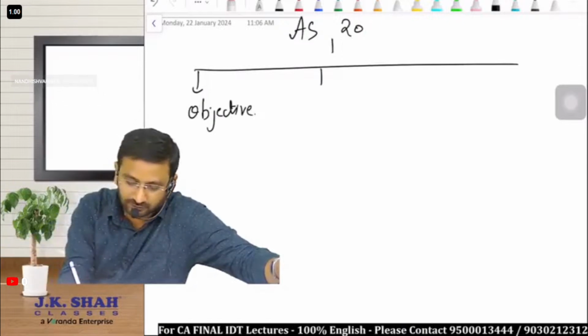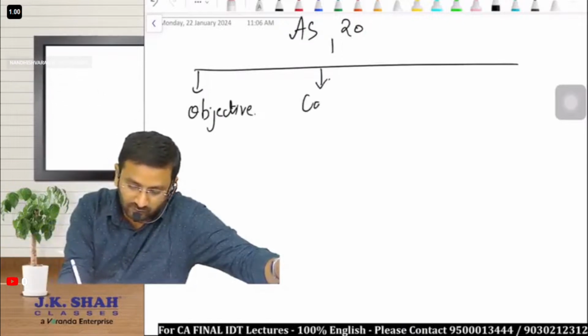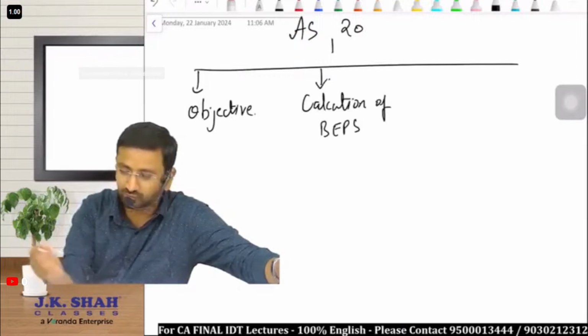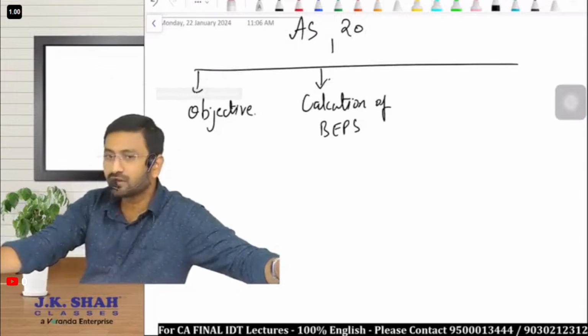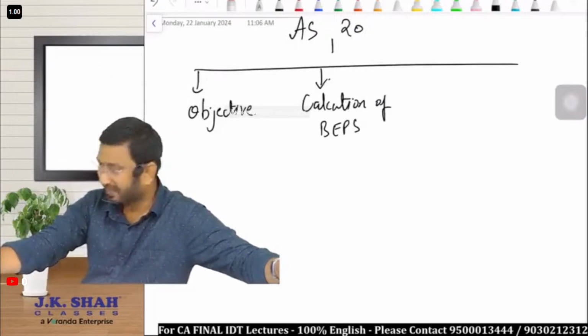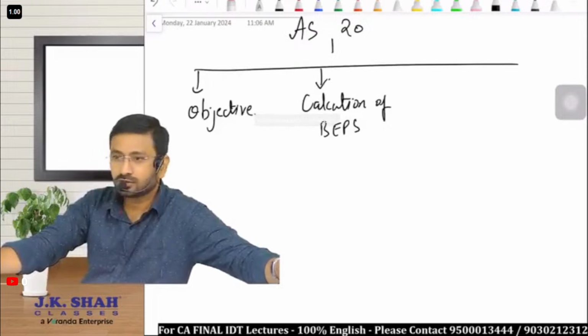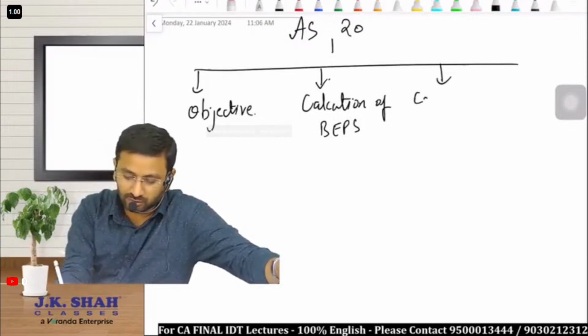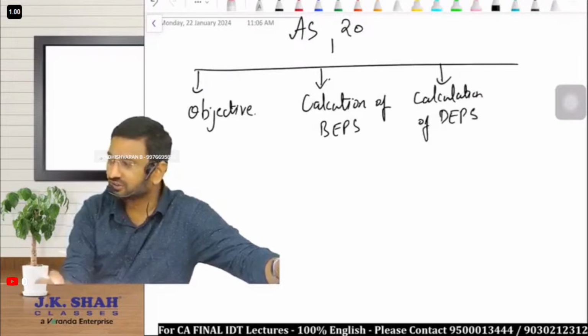Second part, calculation of basic earnings per share. Next, calculation of diluted earnings per share.